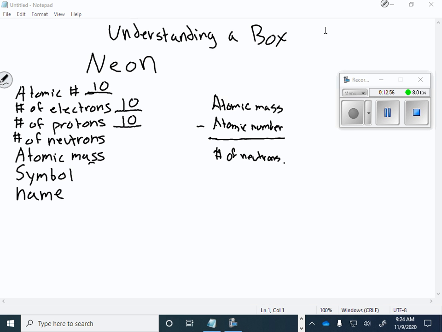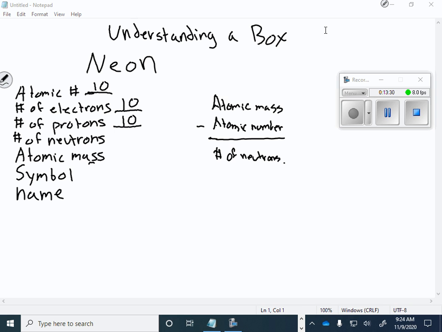Okay, let's do atomic mass. Who can help me with the atomic mass of neon? Remembering we want to round it. Calissa? Neon's atomic number 10 is on the right side there. 20, yeah.